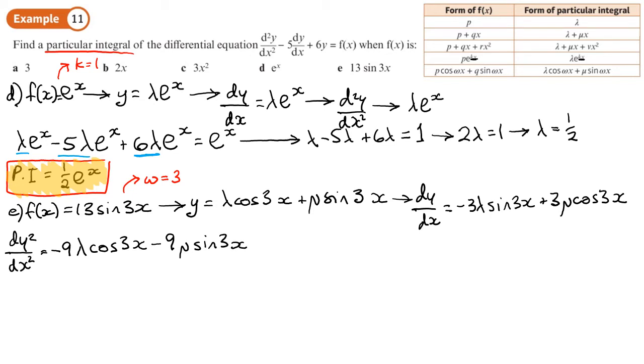These now go into the differential equation, so we're going to need a bit of space for this. So the second derivative, minus 9 lambda cos 3x minus 9 mu sine 3x. Then minus 5 lots of this, so minus 5 lots of dy/dx, which is going to be this.